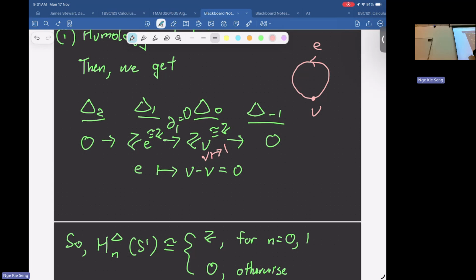H0 is related to path connected components. If you look at this S1, there's only one path connected component. Pi 0, you mean? Yeah. I think we will deduce it at some point.